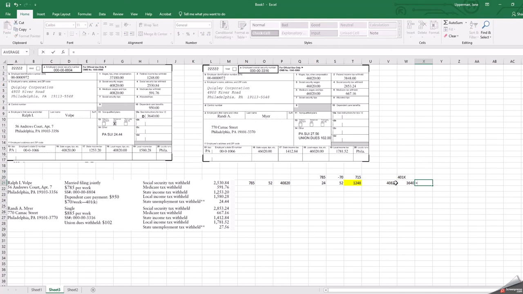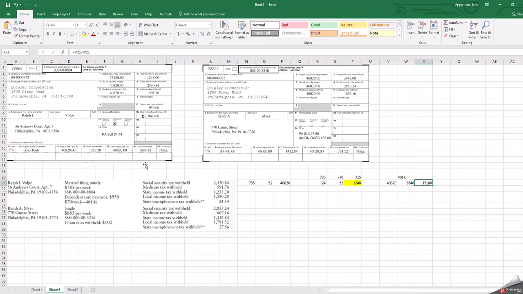So if I take that minus that, that is where I get the $37,180. So anytime they have a 401k type withholding, the Social Security wages and the Medicare wages will always be at their gross pay, which is the $785 a week, but the wages that are subject to federal income tax will always be reduced by their 401k deductions.